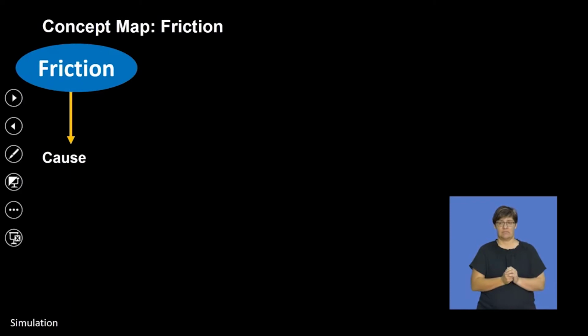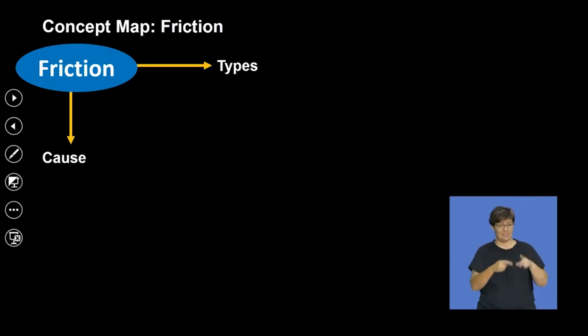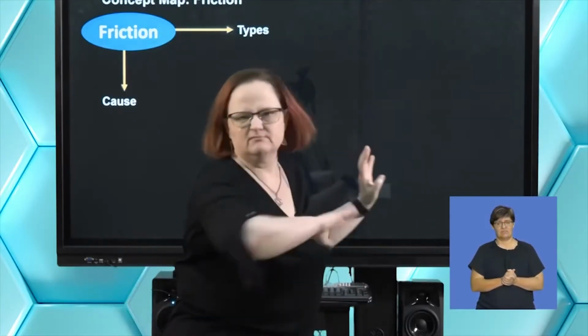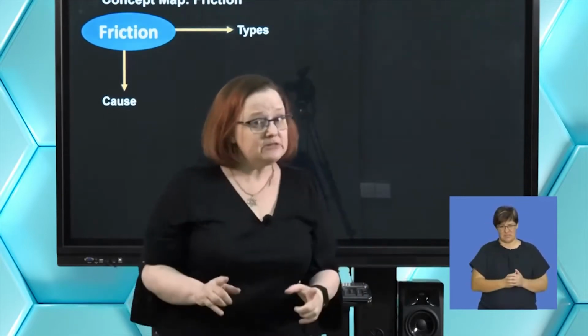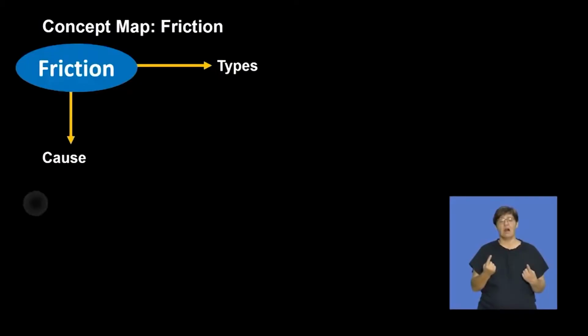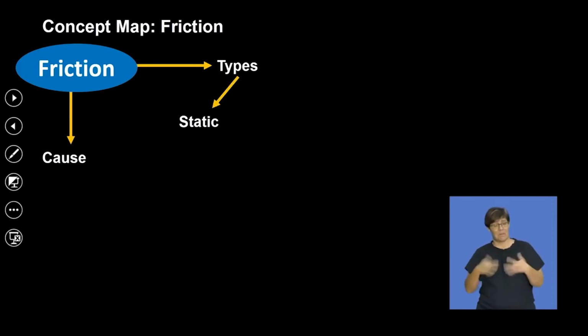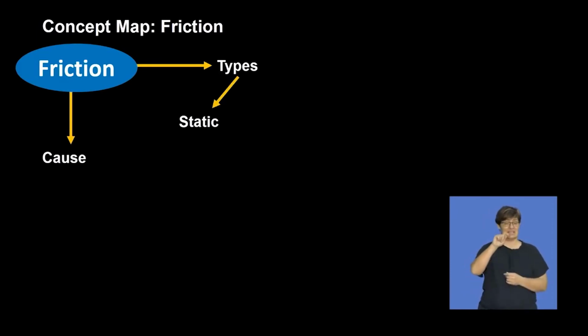Then we get types of friction. We're not going to spend more time on the cause, that's all you need to know. Types of friction is different. So with our types of friction, we get static friction. Now, static friction is when objects aren't moving. Static means not moving, okay?